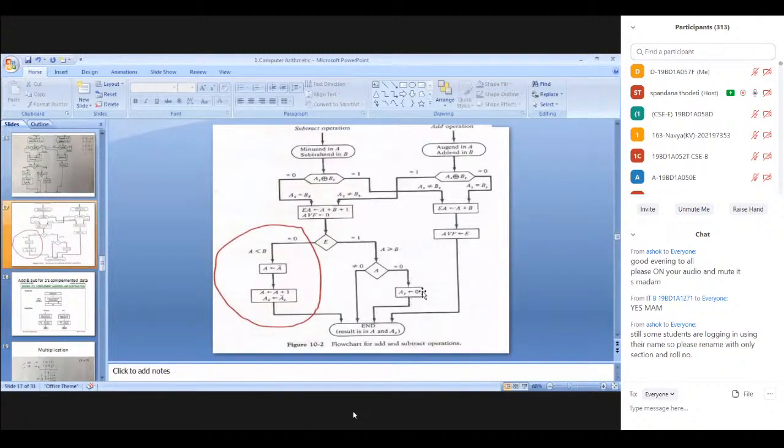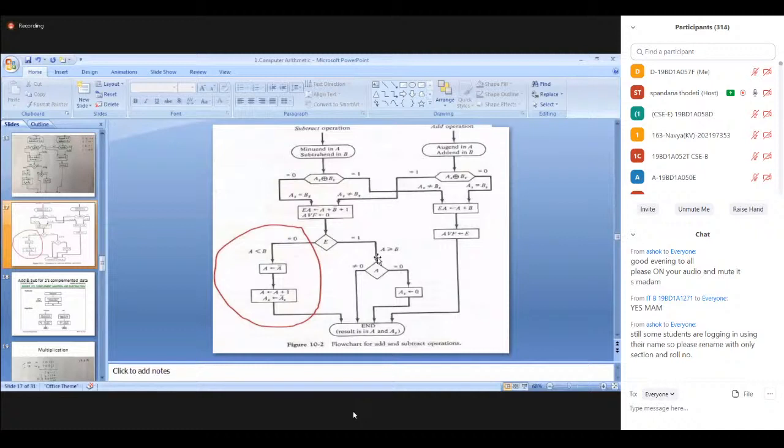For 0, you don't have any negative symbol. For 0, you always have a positive symbol. That is the reason you have set this AS value to 0. Sign bit value is set to 0, which means it represents a positive number.